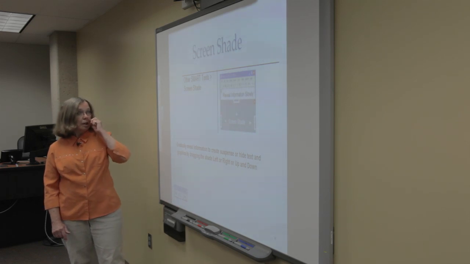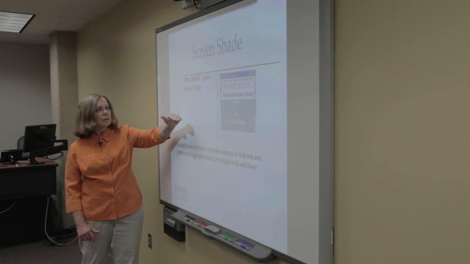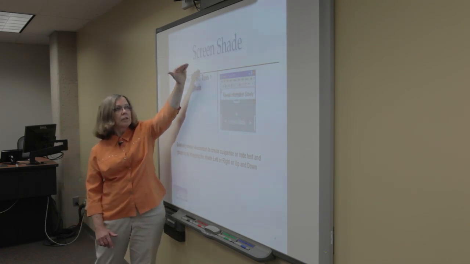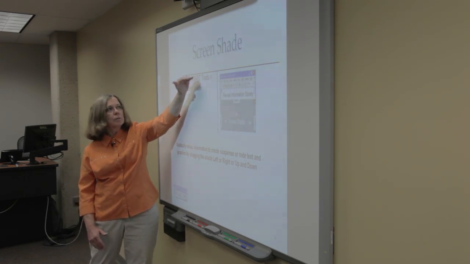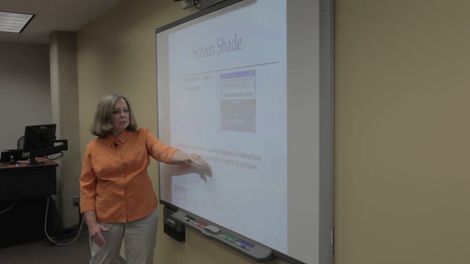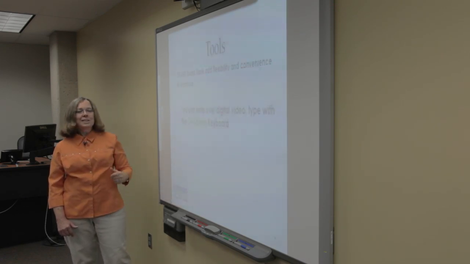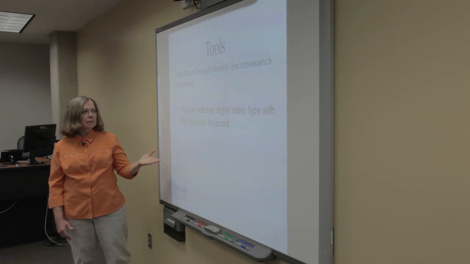There's a screen shade that you can pull down and uncover material as you need it. So it blanks the screen, and then you can be solving a problem, say in math, and show the formula, and then pull the screen down as you go. So it's a really flexible tool that's really good to use in teaching.